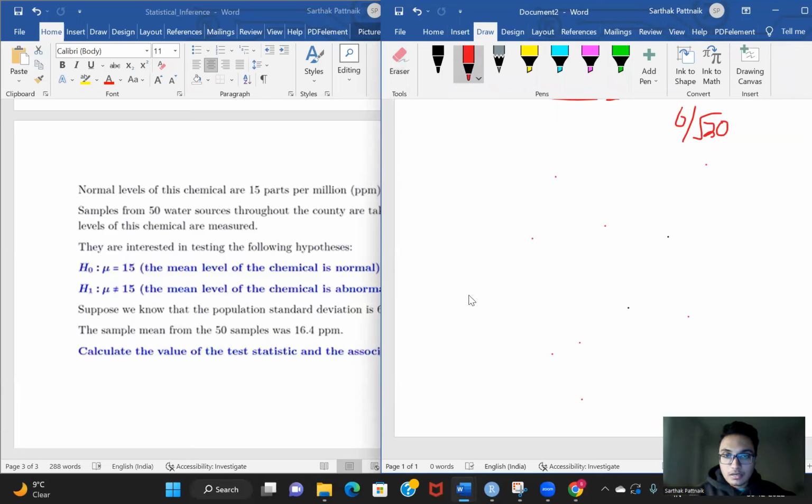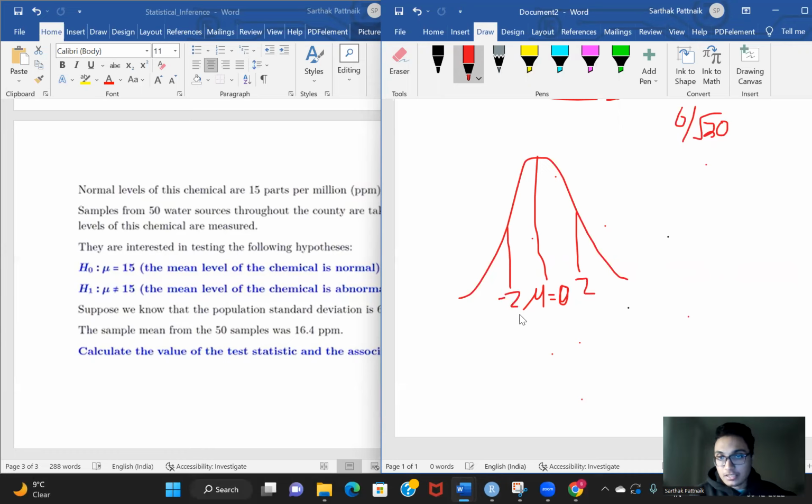So now we have the z value as 1.596. When you again plot the normal distribution curve, your central mean here is at 15, but we have transformed it. So for the standard normal distribution, your mu will be 0. Here is your z value, and this is the corresponding minus z.